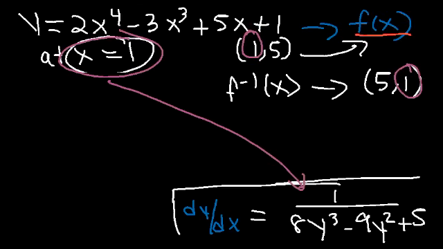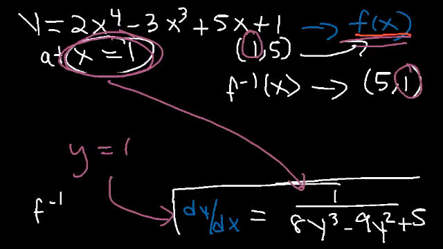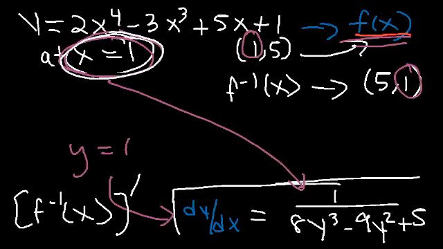You just need to understand that at x equals 1 for f of x, y is equal to 1 for the derivative of the inverse function. So we're just going to take the x value for f of x and plug it in as y for the derivative of the inverse. So let's go ahead and get that answer.